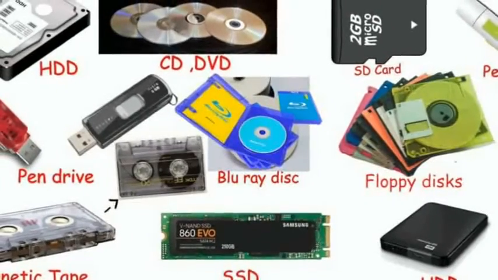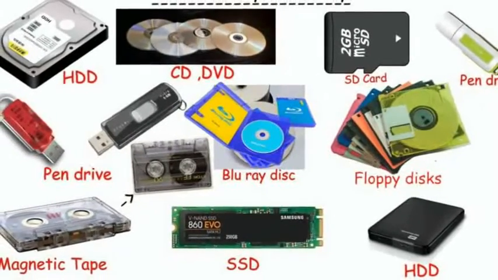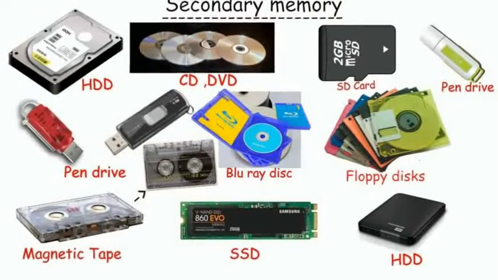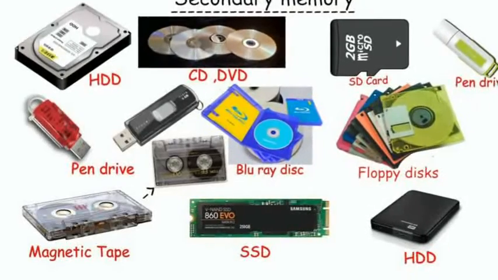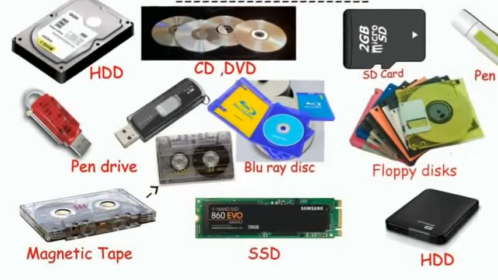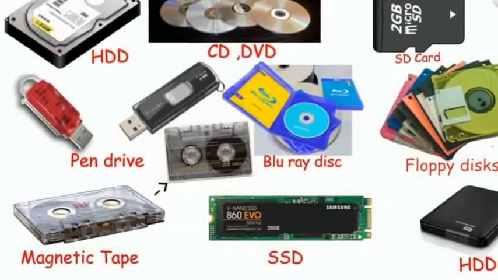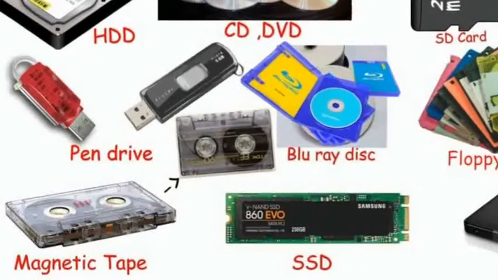Under ROM we learned about PROM, EPROM, then EEPROM. Under secondary memory we learned about the hard disk, floppy disk, CD, DVD, Blu-ray disc, pen drive, and external hard disk. Here we completed your chapter. So please go through the question answers and complete them.